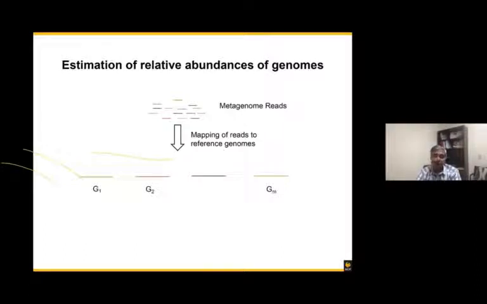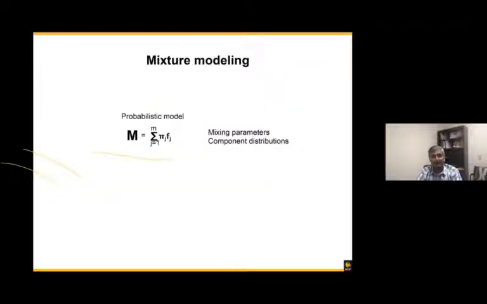And the way we solve this is by treating it in a generative framework, and using an expectation maximization based approach that optimizes the likelihood function defined in a mixture model, okay, to identify the relative abundances of all the genomes.